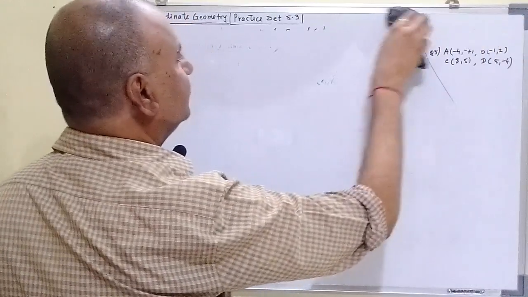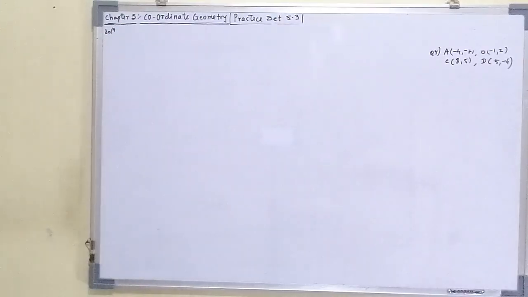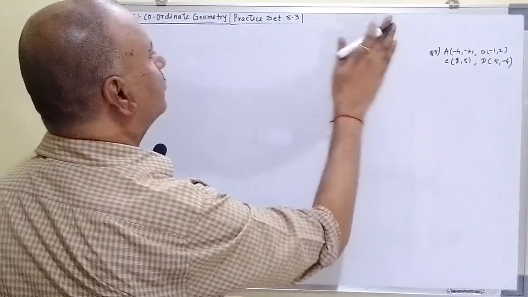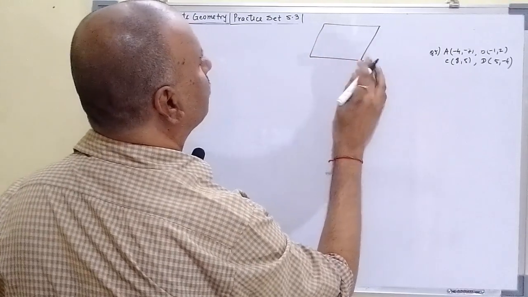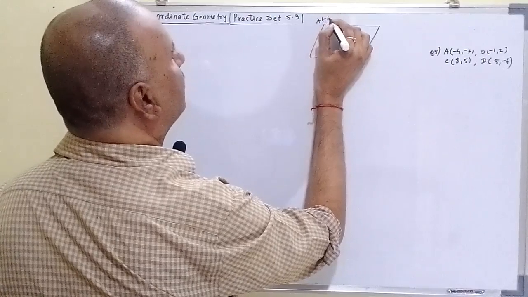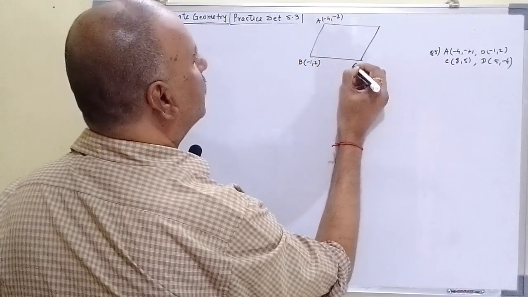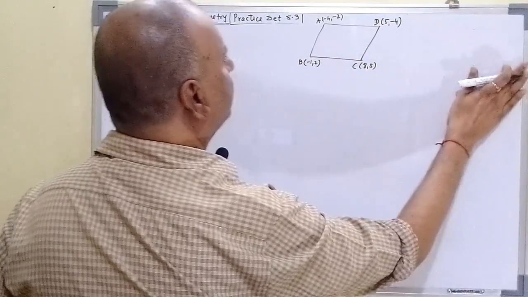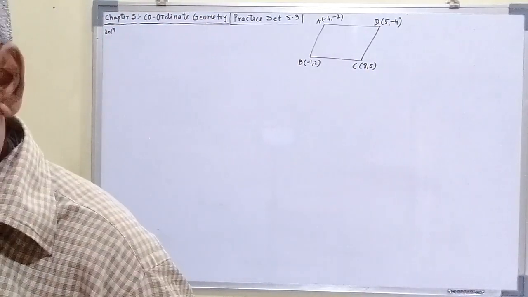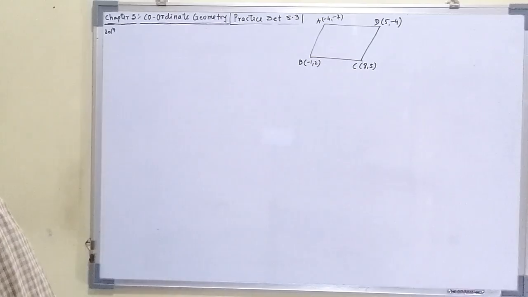Let's draw the figure to understand. A is (-4, -7), B is (-1, 2), C is (8, 5), D is (5, -4).